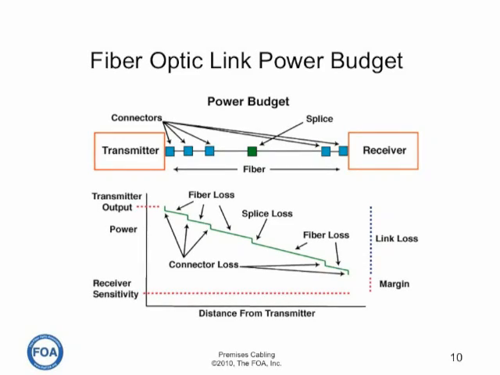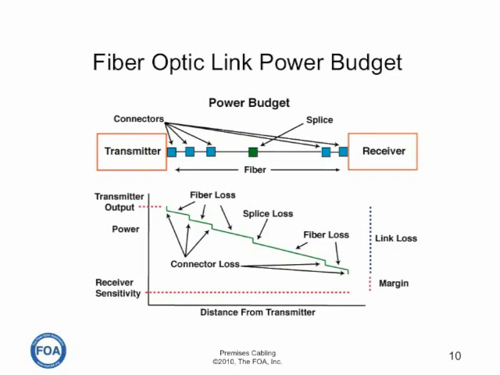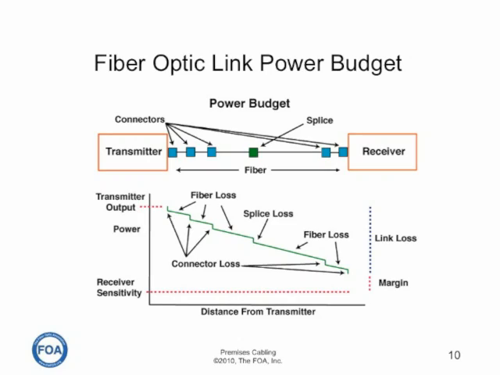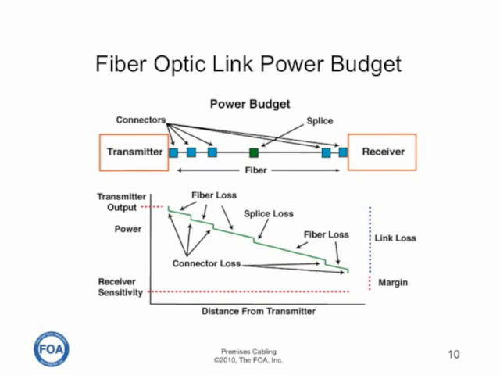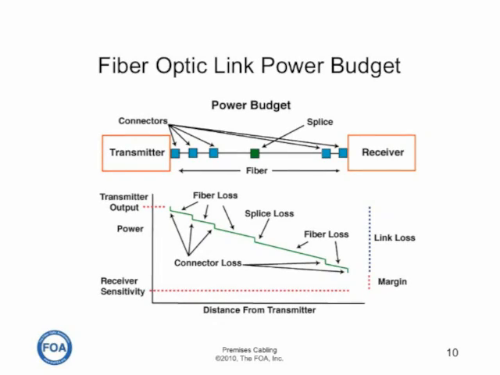We then analyze the optical fiber in between for the length of optical fiber and its attenuation coefficient and the loss of all connectors and splices. We sum that up, and that becomes the total loss that we expect from the cable plant that we'll be installing. And we want to ensure that that matches the dB loss budget of the transmitter and receiver that we're going to run over that cable plant.